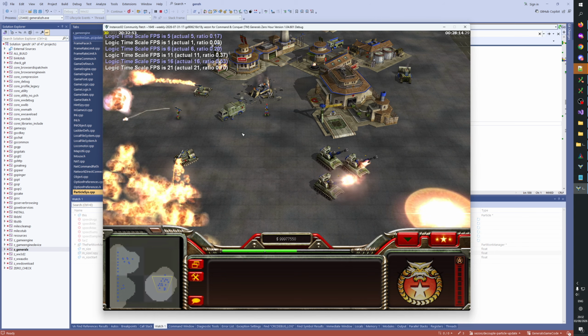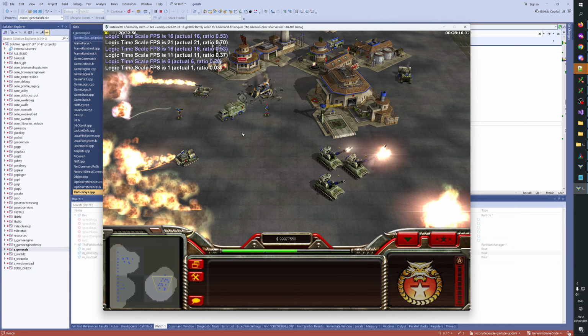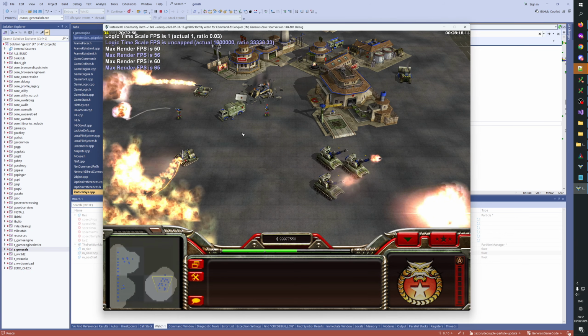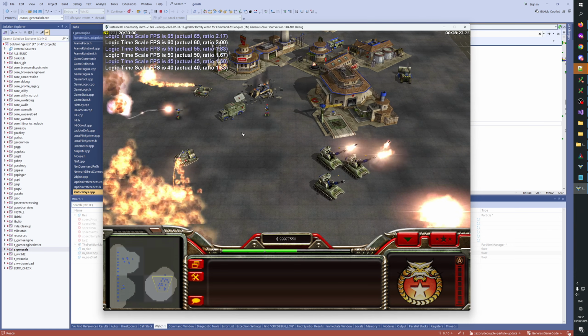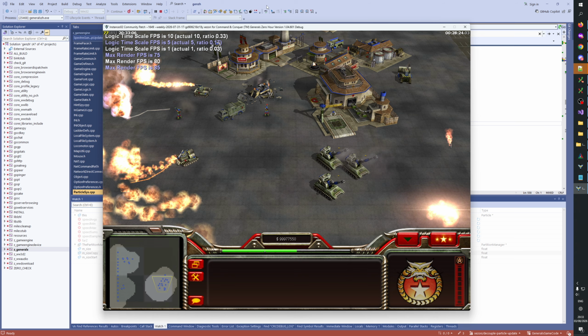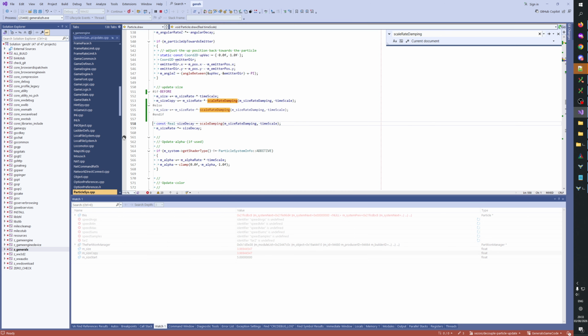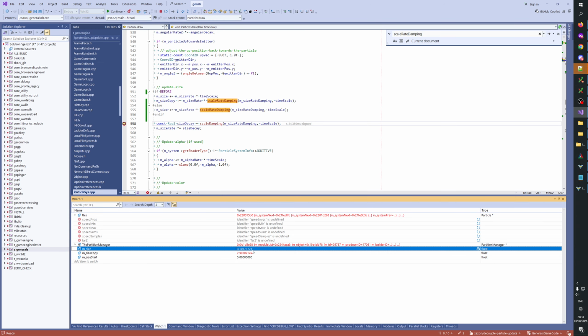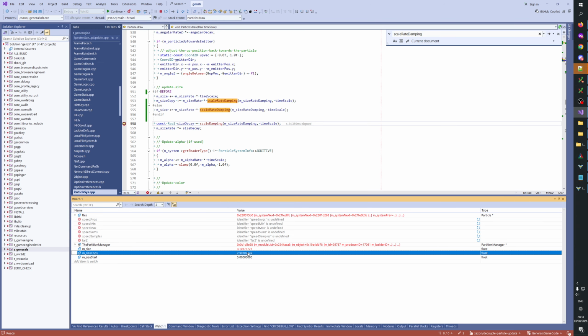So let's do that. Okay, let's increase the render FPS. Okay. Then let's take a look at this. Okay, so here we have a difference of about 0.1.